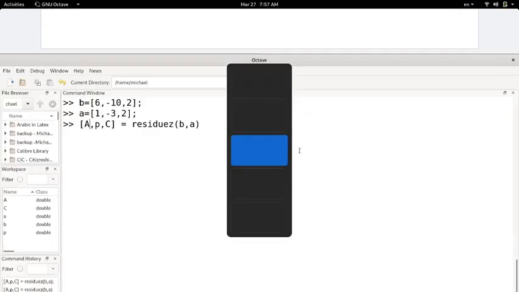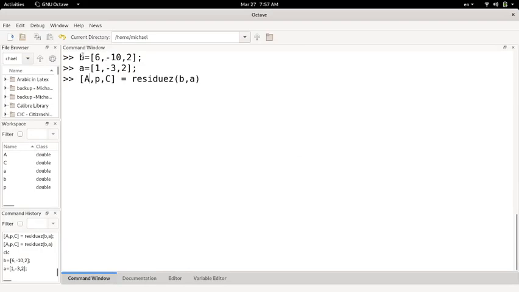So if we go to MATLAB, here I have defined two vectors, b equals 6, minus 10, 2, and a equals 1, minus 3, 2. And now I'm using the command residue z, and I will give it the two variables b and a, expecting three outputs: a capital, which is the constants associated with the partial fraction; p is the location of the poles; and c is the result of the long division.